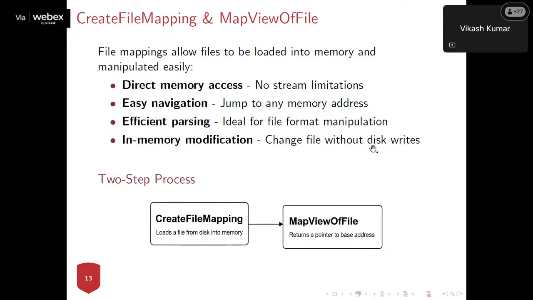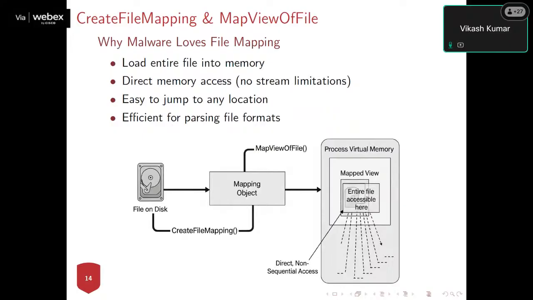So this is what in-memory modification means. We are not writing the DLL onto the disk, rather we are directly mapping it to the virtual space, extracting it from that particular exe. So this is how it works.